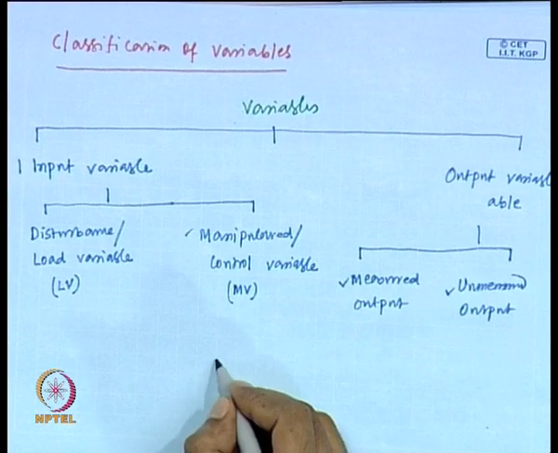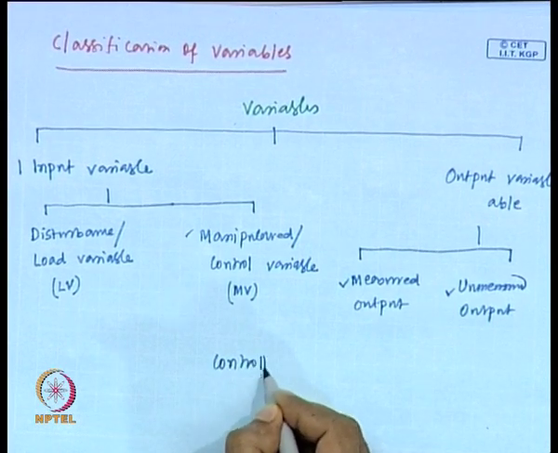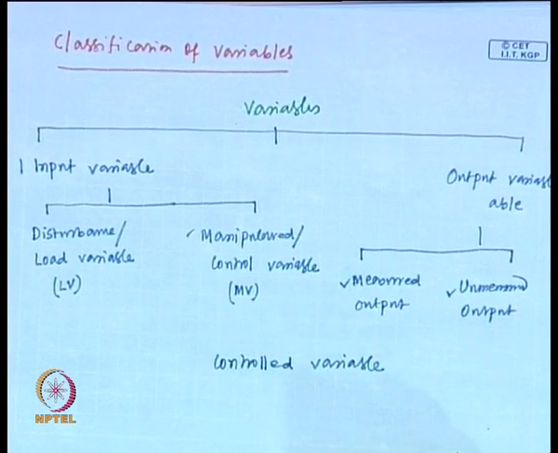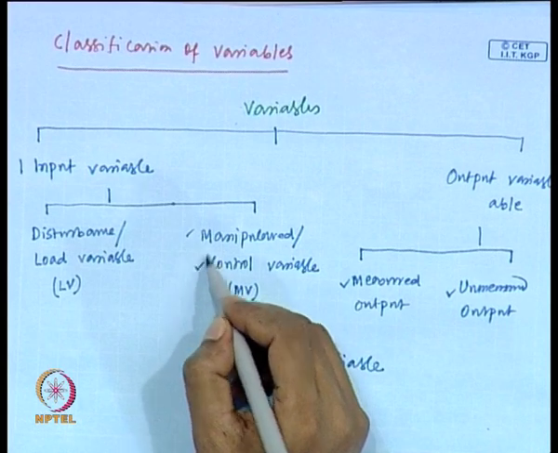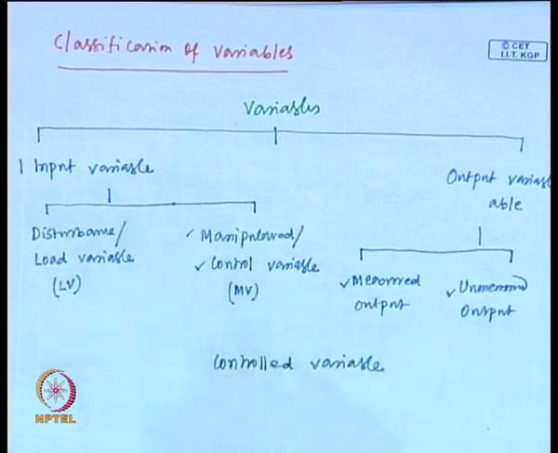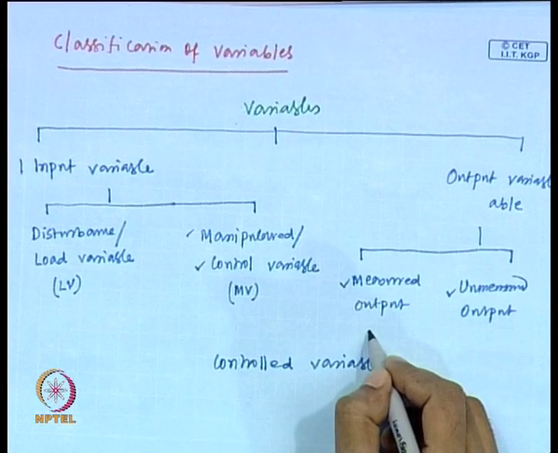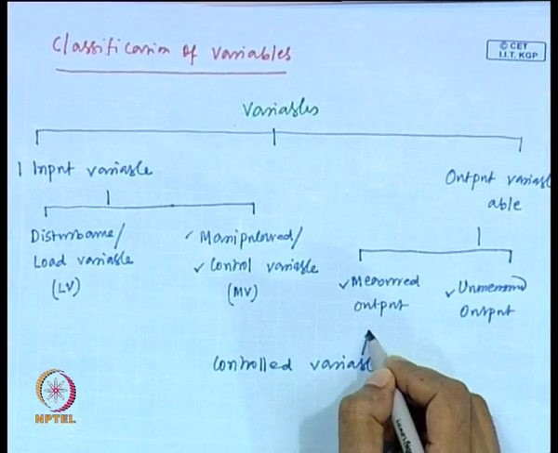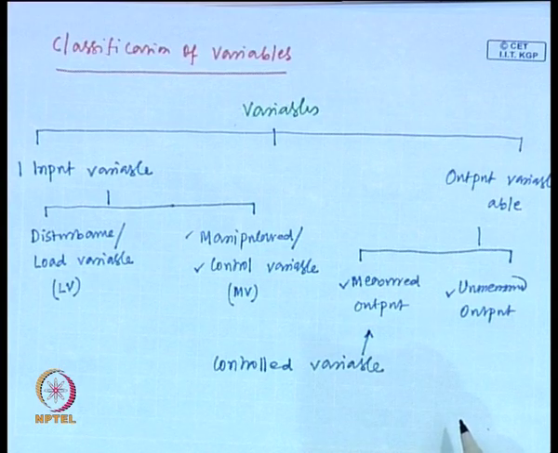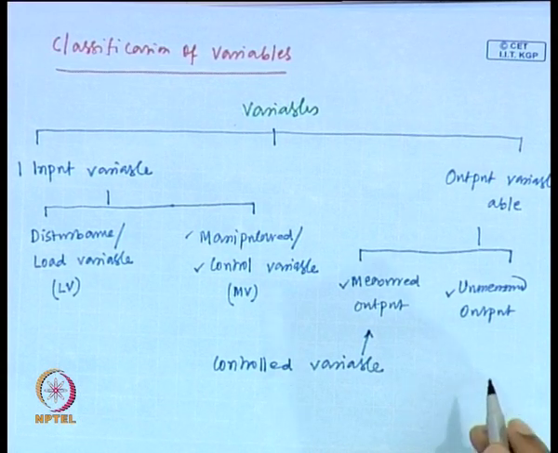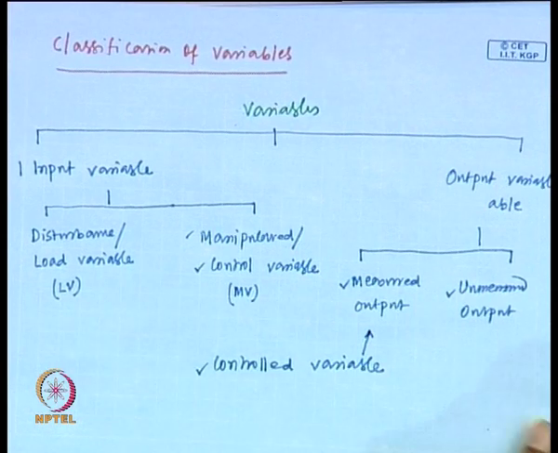Another variable is also used, that is the controlled variable. So, do not confuse it with the control variable. The control variable is the manipulated variable, and the controlled variable we will discuss, but at this point I can say that the controlled variables are usually the measured output. Sometimes this is also an unmeasured output, fine.